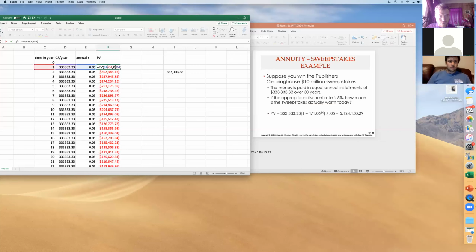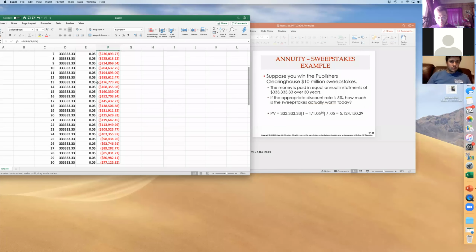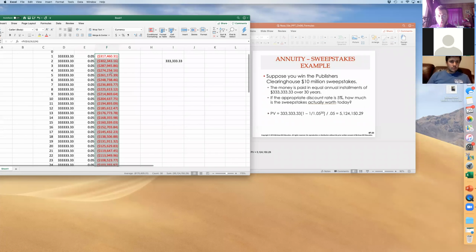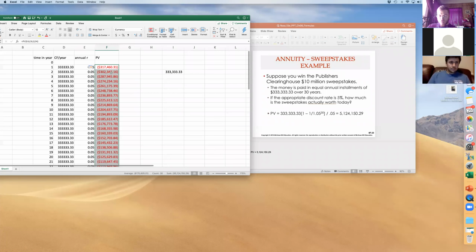I have no payment per se doing it like this. Instead, I have a single future value of $333,000. That very first payment is worth to me $317,460.31 today. I copy that formula down, and I get my present value for every single one of these payments, right? And then I add them up.